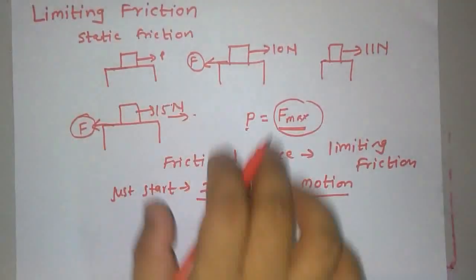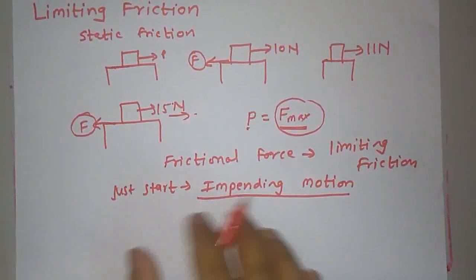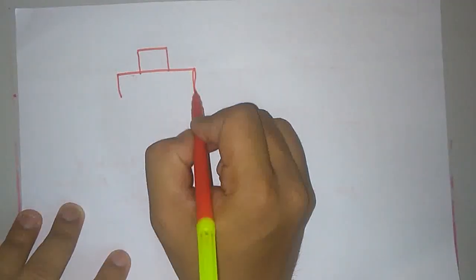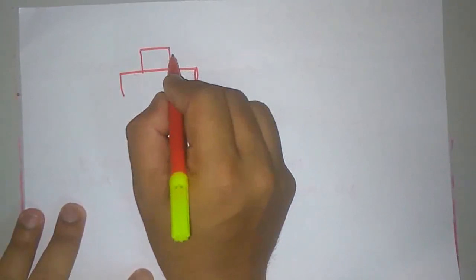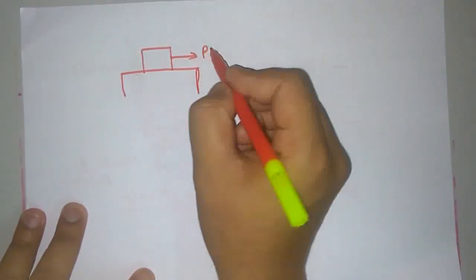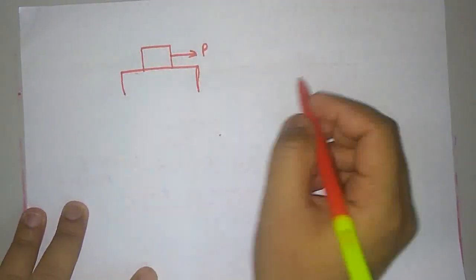Now this concept we can represent with a graph, and you can relate it to your day-to-day life. Whenever we pull a heavy object, at the start we need a large force.